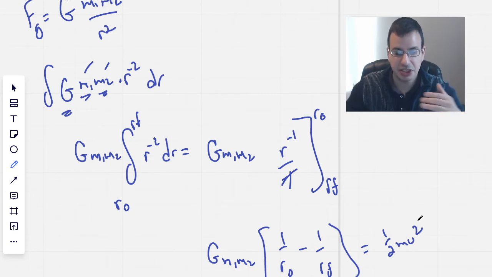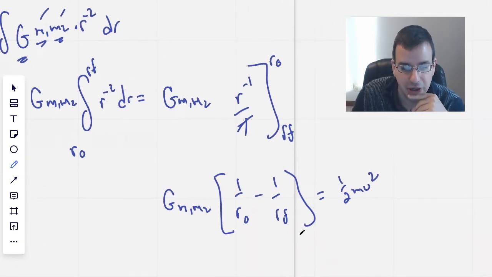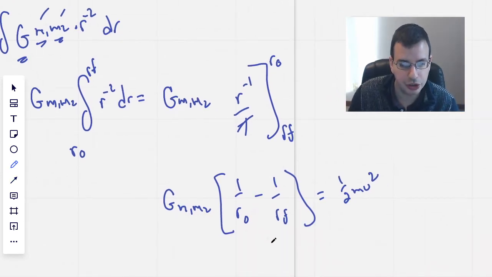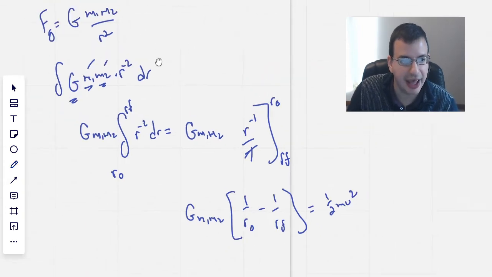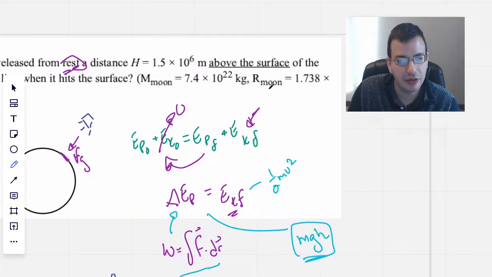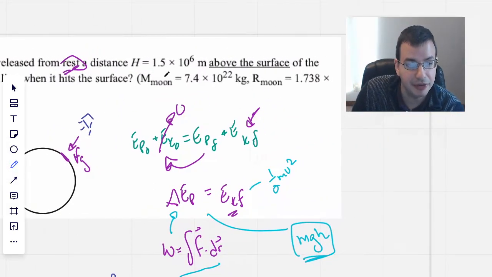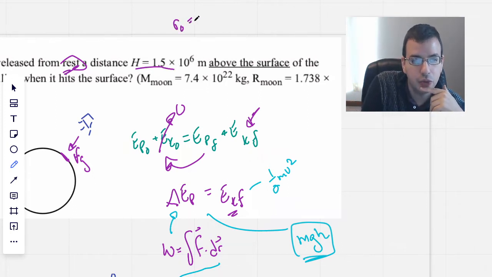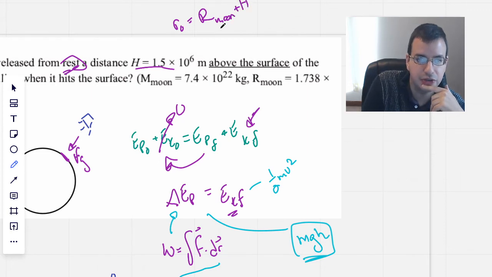Now at this point we can solve it pretty readily. We're going to rewrite this R initial. We have the radius of the moon and we have the height above the surface. So R initial will equal R moon plus h.